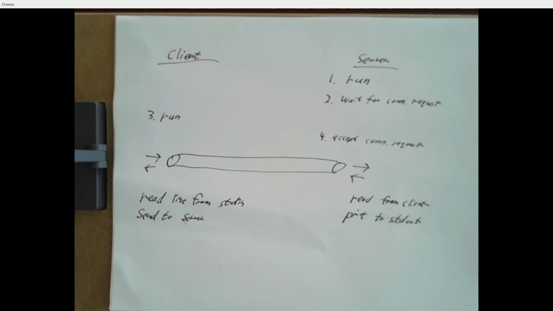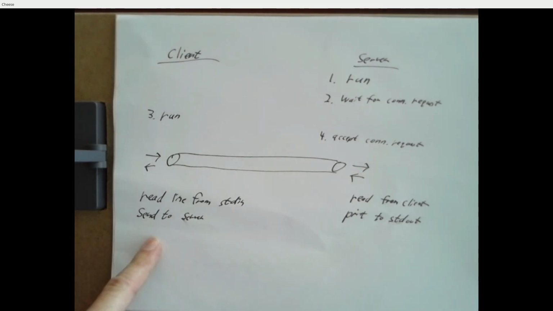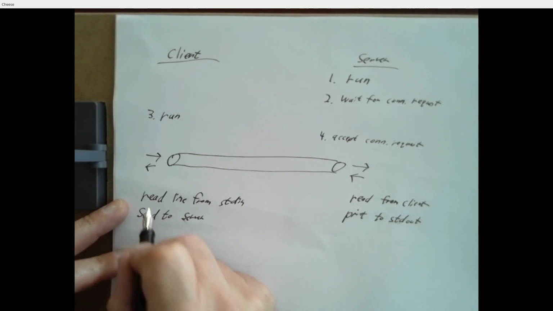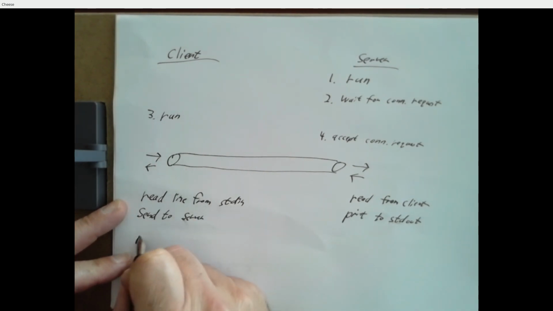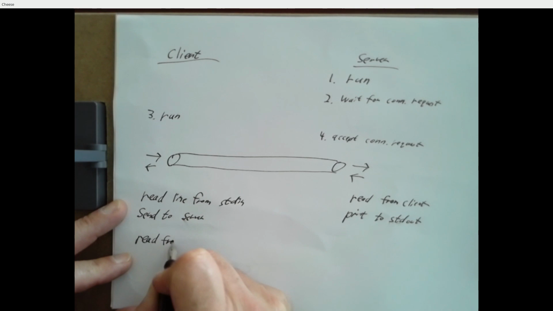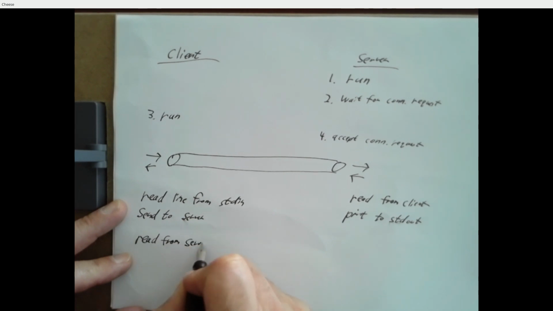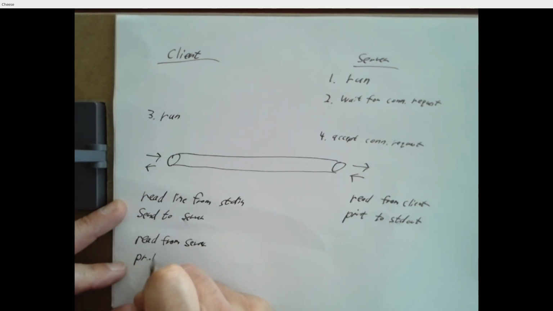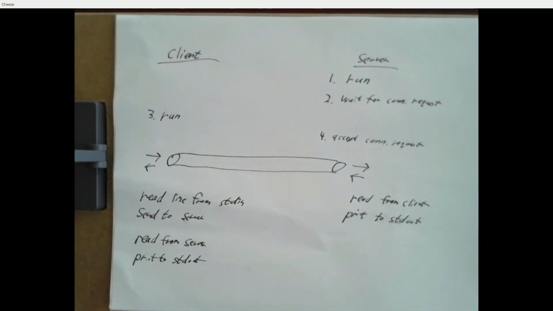But what happens when the server side wants to type something in and send it to the client? We've got to have something over here which is reading from the server and printing to standard out. One way to do that is read from standard in, send it to the server, then read from the server, print to standard out, and go back up.